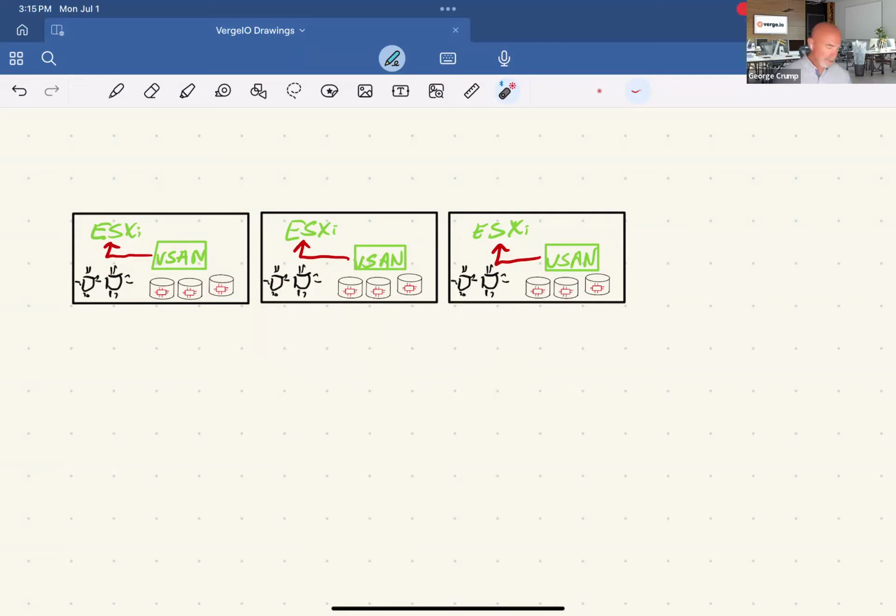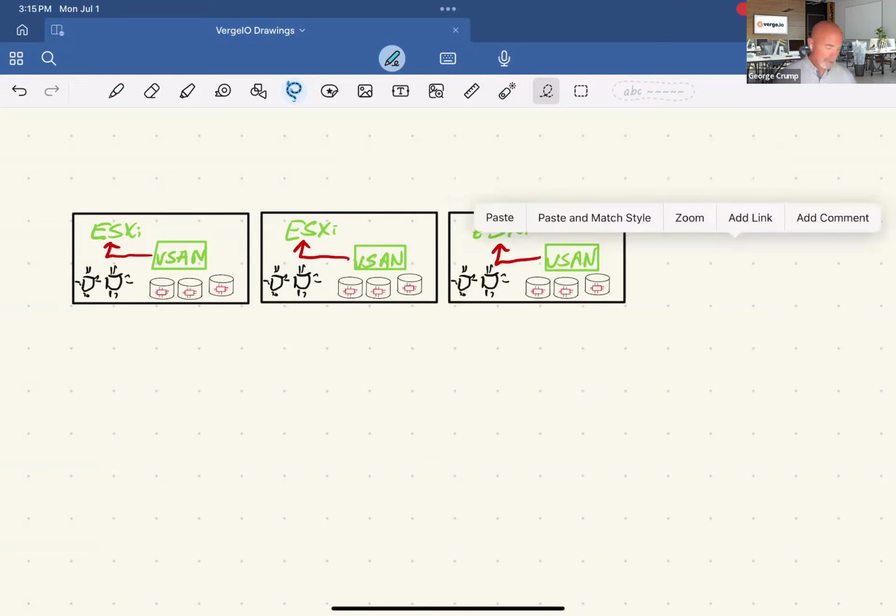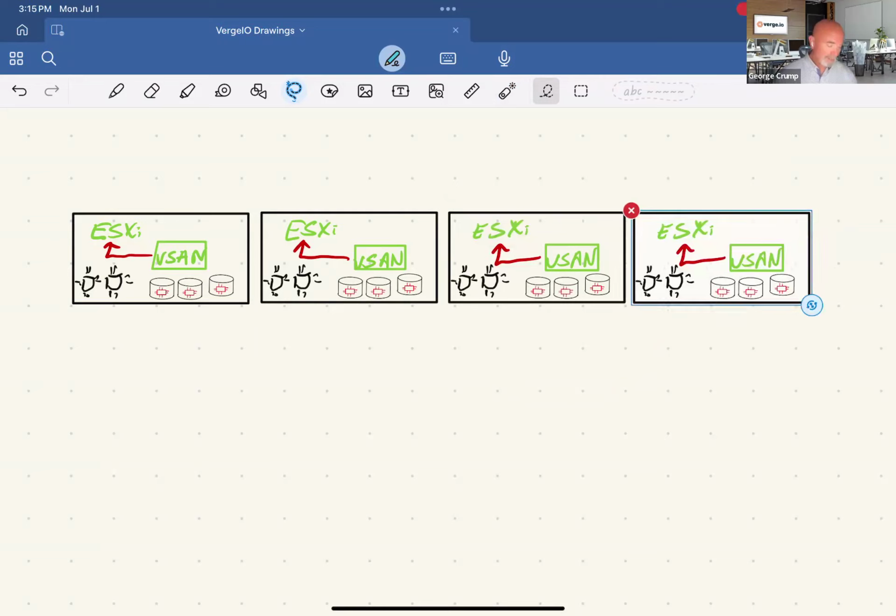The other challenge is as you grow this environment, you basically have to add the same nodes over and over again. And that's fine if you happen to have a balanced environment. But what if you've got plenty of capacity or plenty of CPU performance, or you just need one of those 2 attributes?